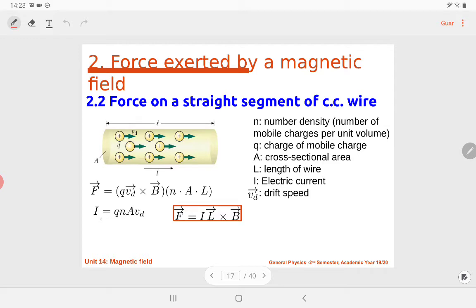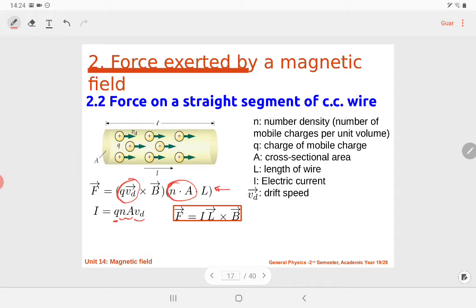The electric current is equal to the charge of each mobile charge times the number density times the area times the drift speed. So you can see that you have these here. So we can relate this microscopic point of view to a macroscopic point of view, taking these as the intensity.